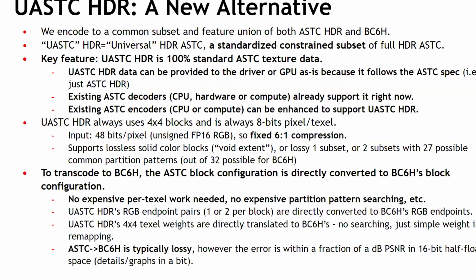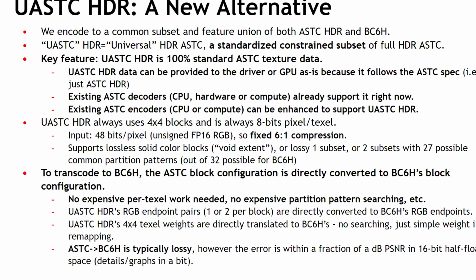So what we're going to do is, with our reference encoder, we encode to ASTC. It's 100% standard ASTC data. However, it's going to follow a specification we're going to release by the end of August or early September. This specification indicates which very strong subset of ASTC encoders are allowed to use.